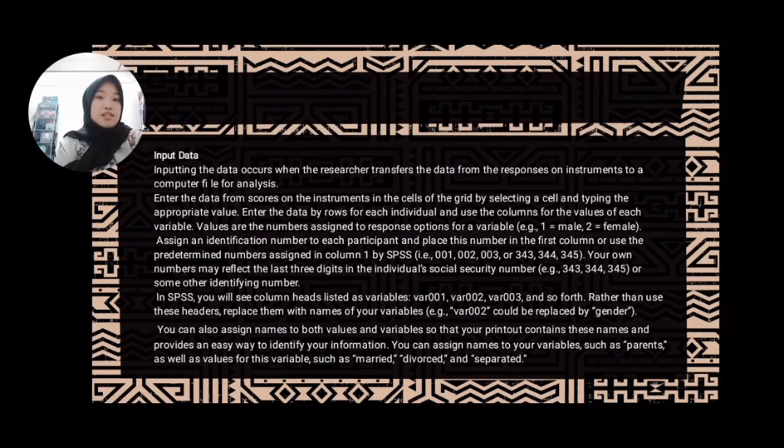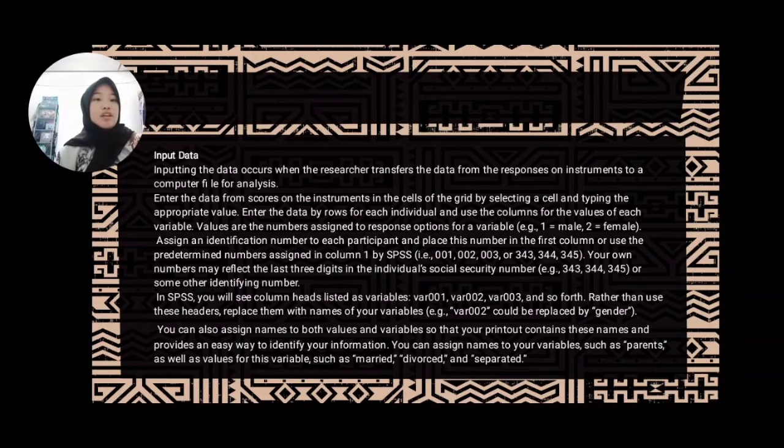And the next, input data. Inputting the data occurs when the researcher transfers the data from the responses on instruments to a computer file for analysis. Enter the data from scores on the instruments by selecting a cell and typing the appropriate value.